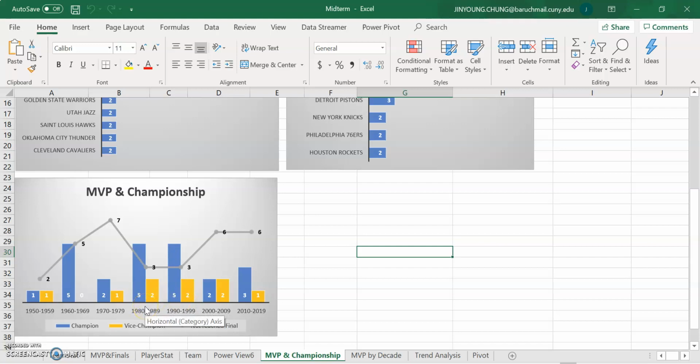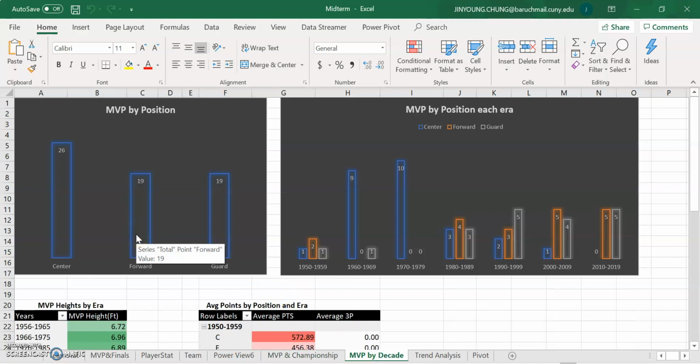Then, with the hype of three-pointers these days, thanks to Steph Curry, I began wondering which position has an advantage of winning an MVP. If you see the first visual, centers have won the most MVPs with 26 times out of 64 years, whereas forwards and guards each won 19 times.